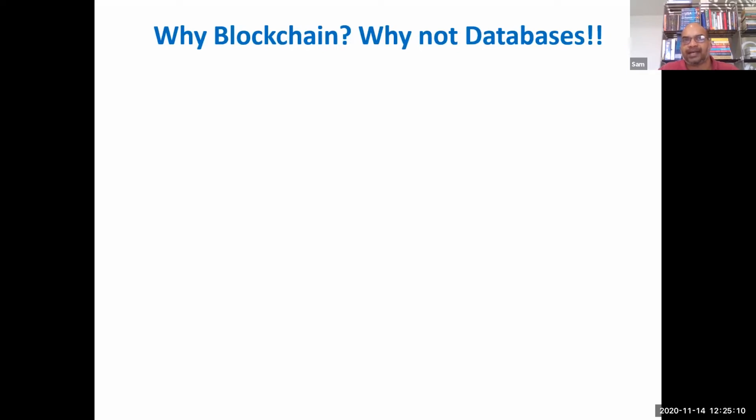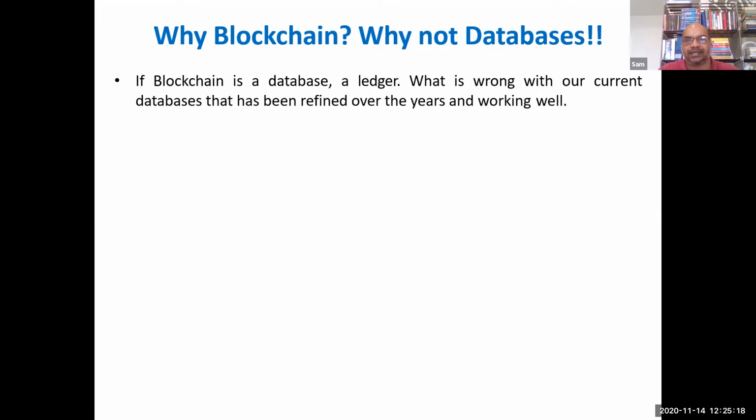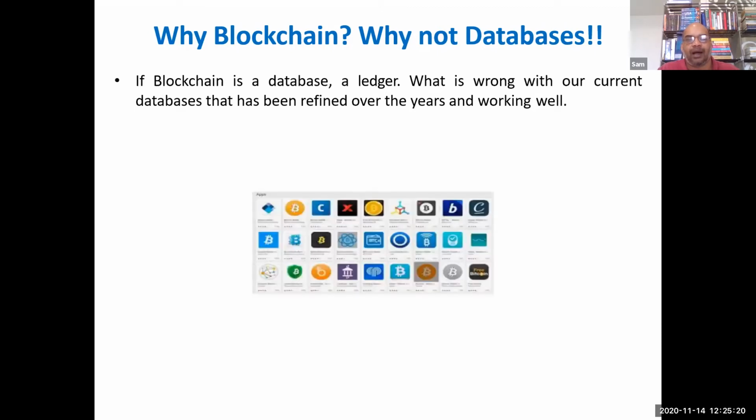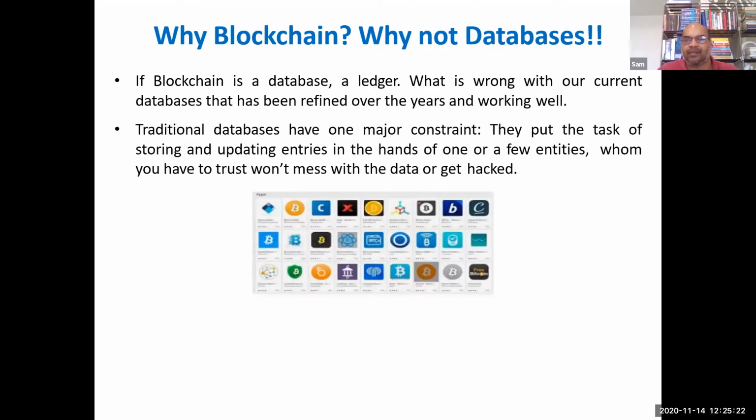So as I said earlier, blockchain is like databases. So what is wrong with our current databases? Simply, databases have one major constraint, which I've already mentioned: they put the task of storing and updating entries in the hands of one or a few entities.